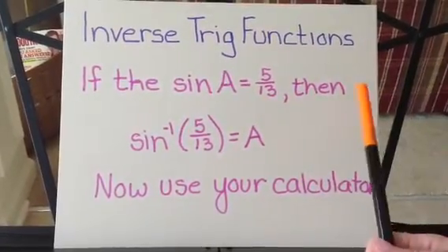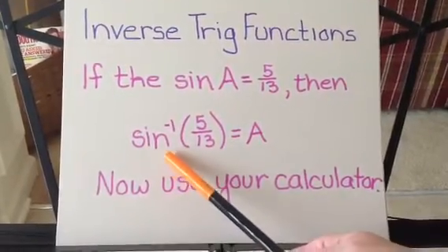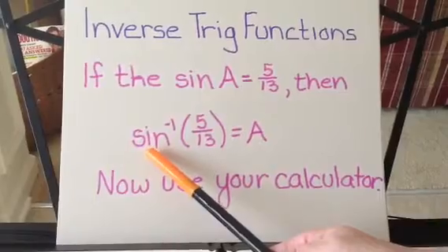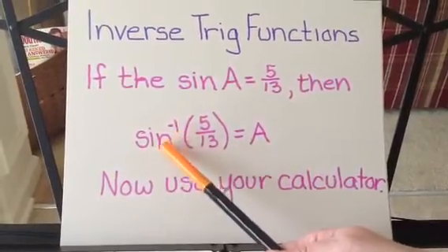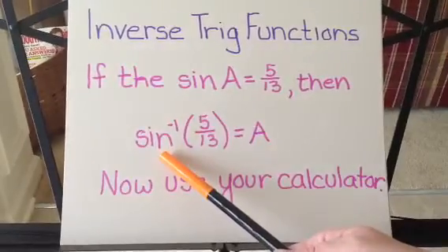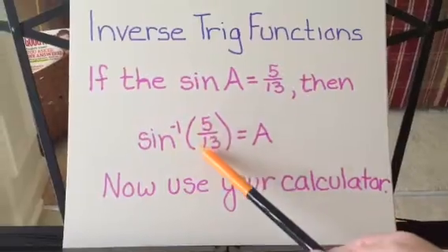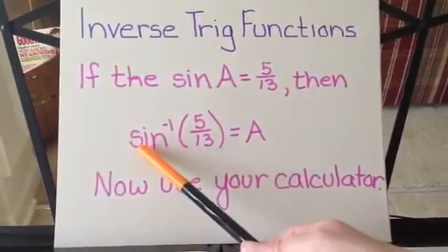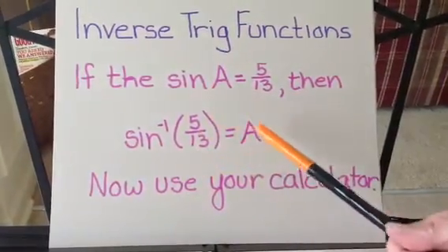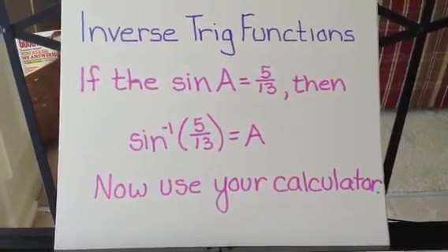And so now we have this inverse function that we can use, and it looks like this on the calculator. It looks like it's saying sine to the negative first power, but we don't interpret it this way with trigonometry. It's just, if we know the value of our trig function, we will use this inverse function to find the angle measure. So that'll look like this.